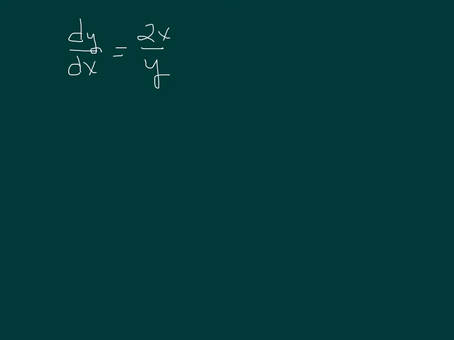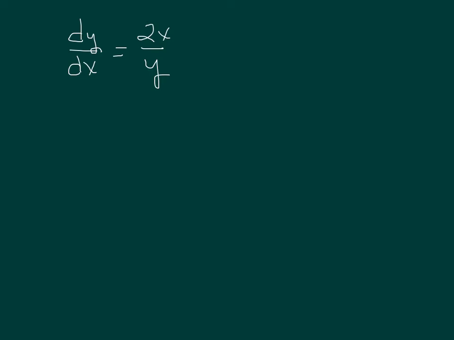So what we have to do is separate our variables, group everything that's got a y in it on one side and everything that has an x in it on the other side. Kind of like we did with implicit differentiation, except we grouped everything with dy dx on one side and everything else on the other. So on this one, it's pretty easy to separate these variables.